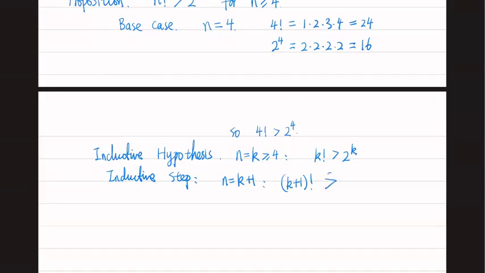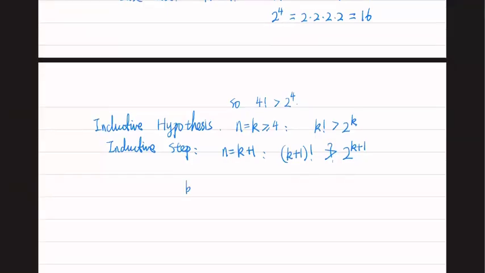Is it bigger than 2 to the k plus 1? Okay, so let's see what's this factorial. How do we go from k factorial to k plus 1 factorial?